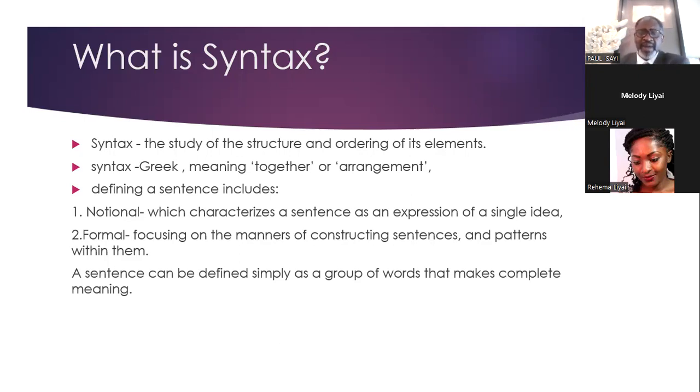Now, Rehema, can you read for me that definition of a sentence? A sentence can be defined simply as a group of words that make complete meaning, or makes complete sense. Very good, thank you.